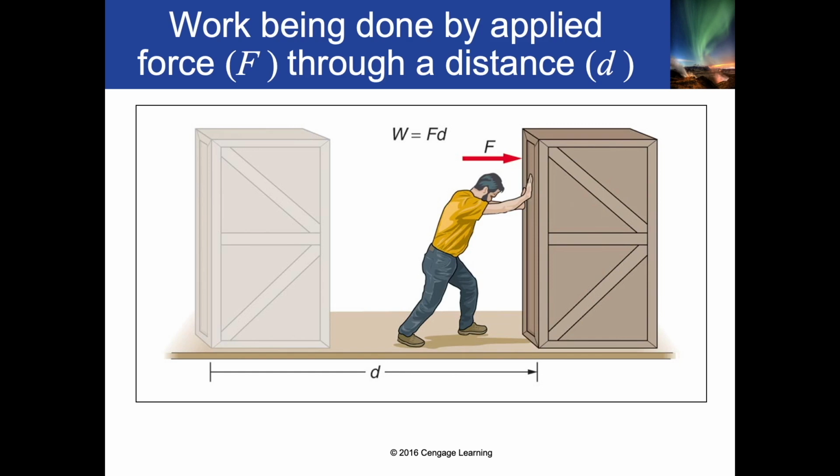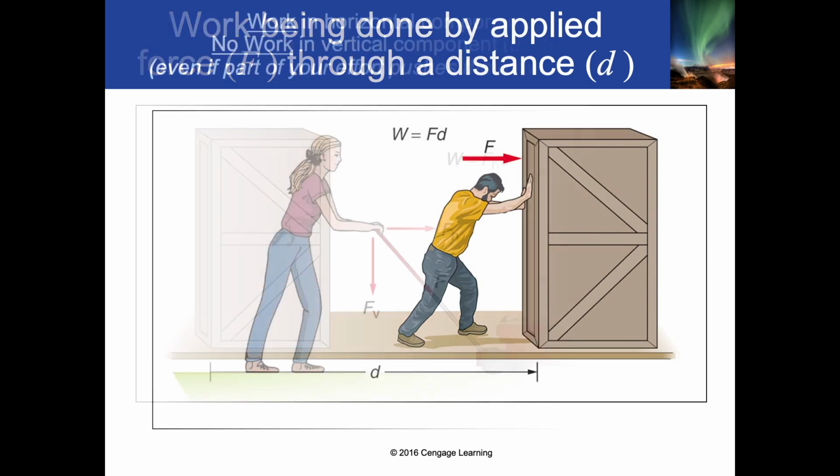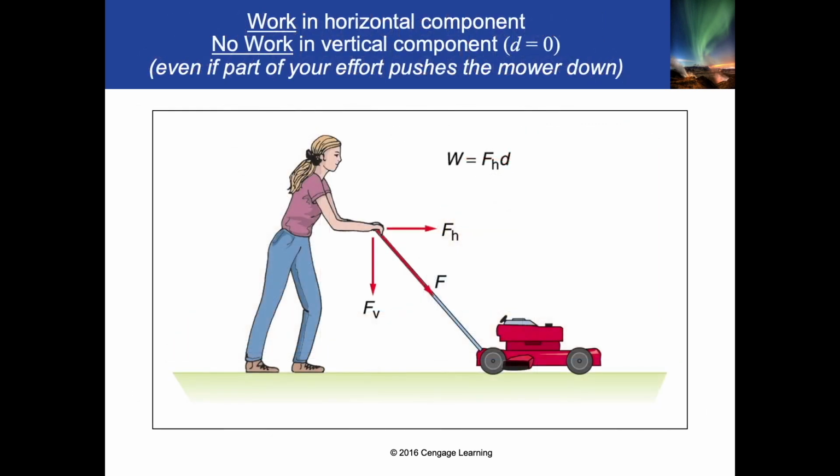So since there was a distance that the box traveled, that's a number there now, D. Then there's also a force that he applied to it. So F times D equals work, and it's not zero this time. Does that make sense? Do you see the difference between the last one and this one? The box is actually moving. So then we have here, this lady is mowing the lawn.